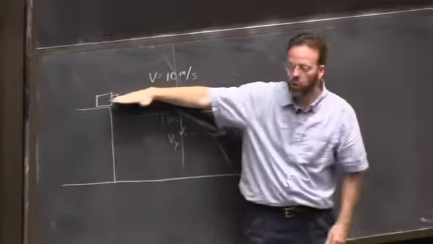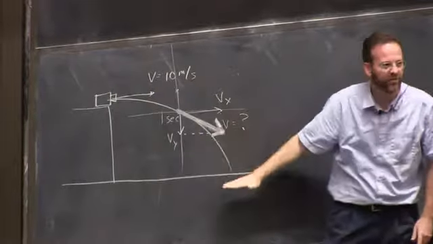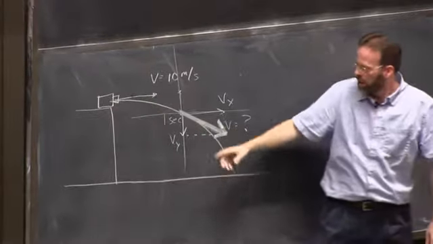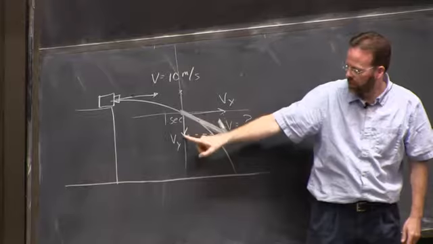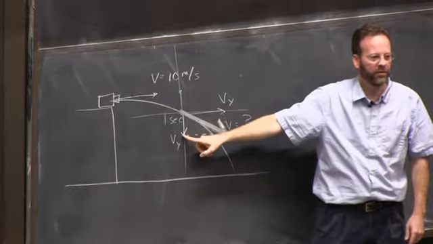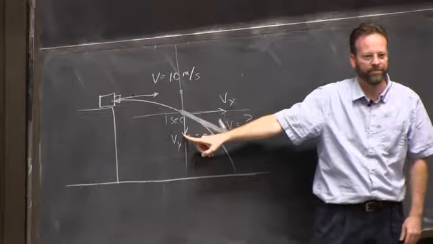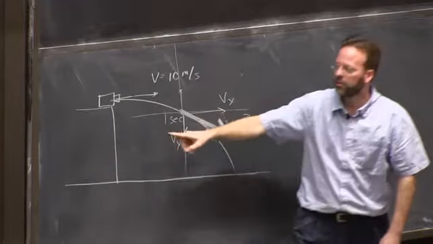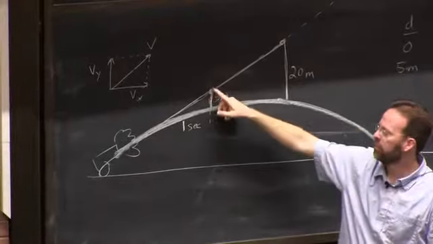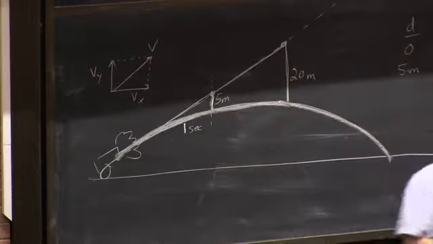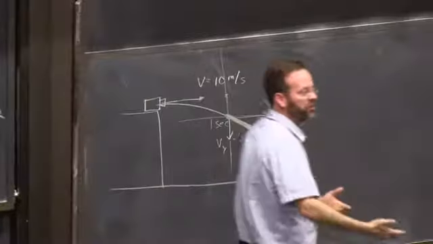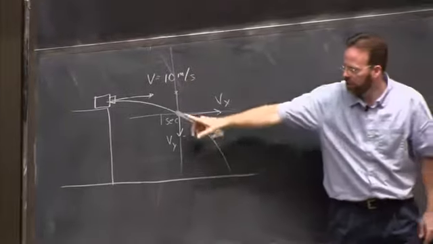It'll be 10 horizontally the whole time, right? What will its velocity be here 1 second later, vertically? 10 meters per second. Remember we just did that. That's how far it falls in 1 second. It falls 5 meters and has changed its velocity by 10 meters per second. So it'll be going 10 down also.